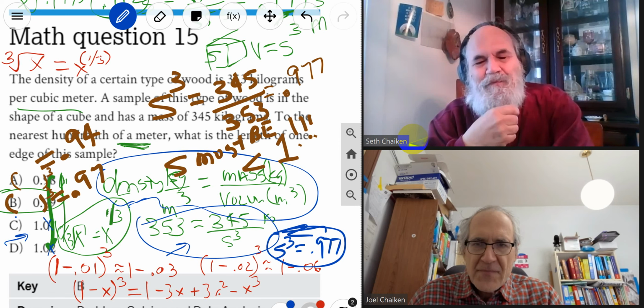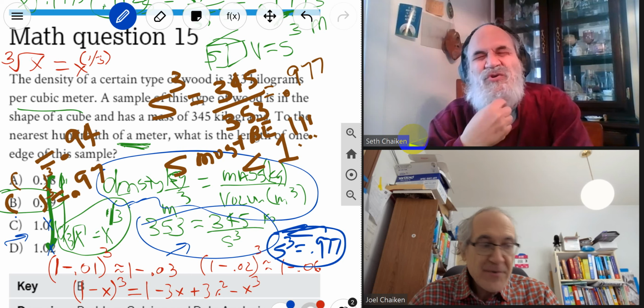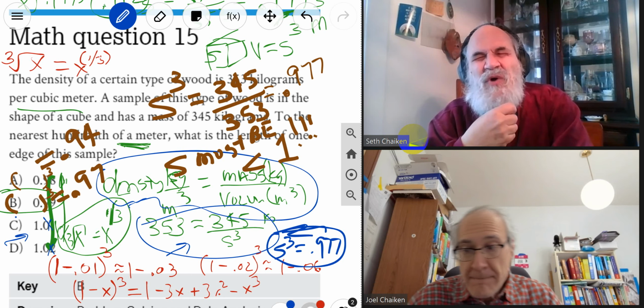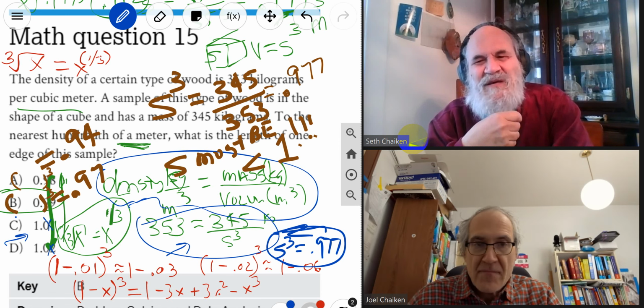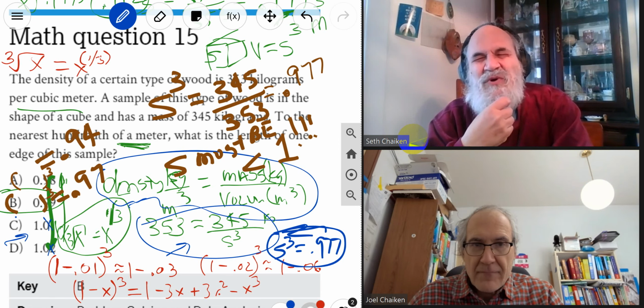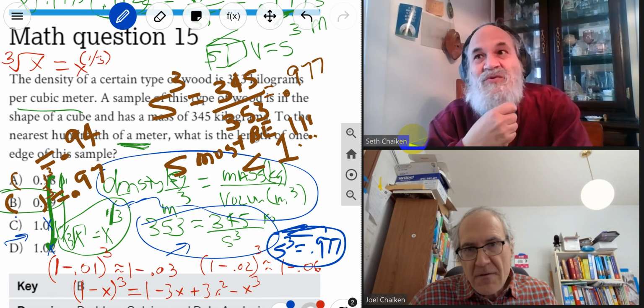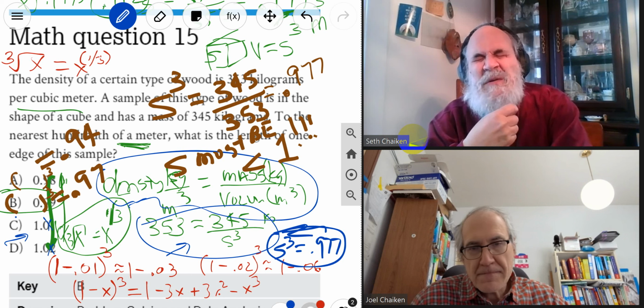Okay. So we offer some different approaches. Notice you take the cube root of 1 minus 0.03. Well, that is 1 minus 0.01 approximately. You took the 0.03 and divided it by 3.